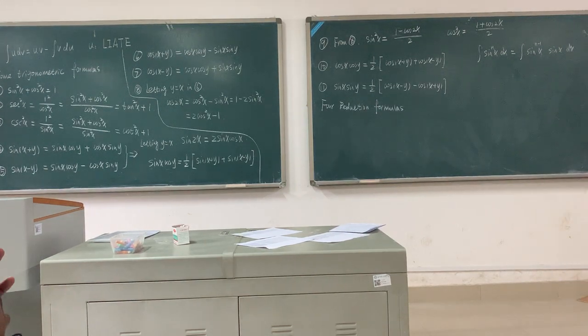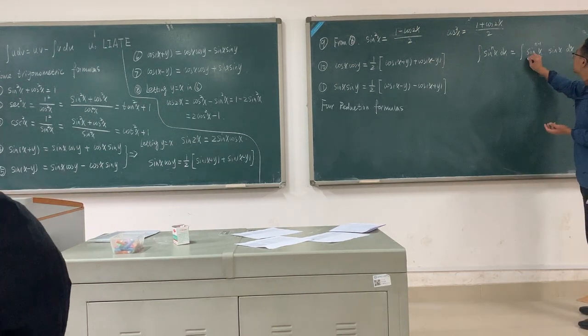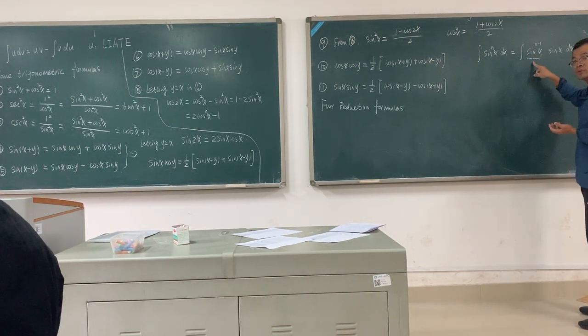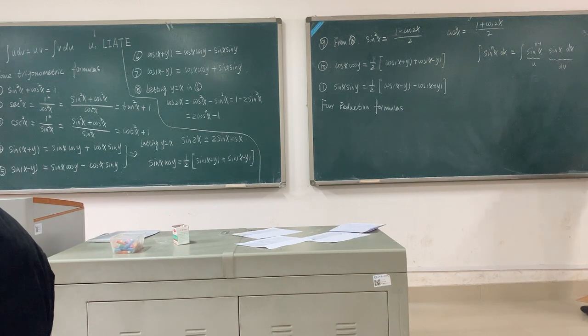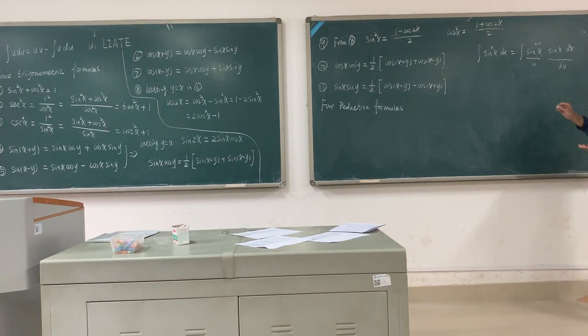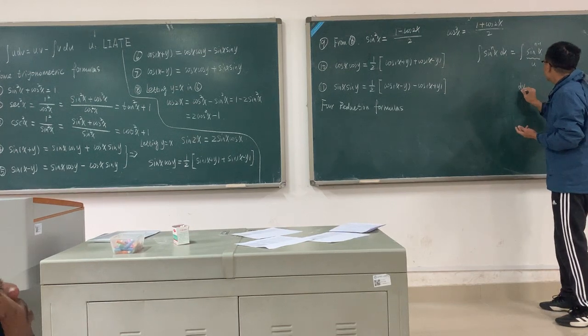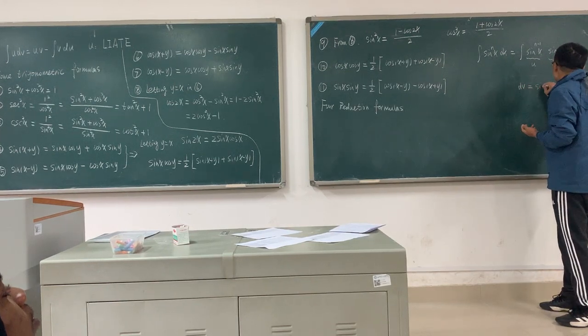We let this part be u, and this part we let be dv. So here dv equals sin x dx.